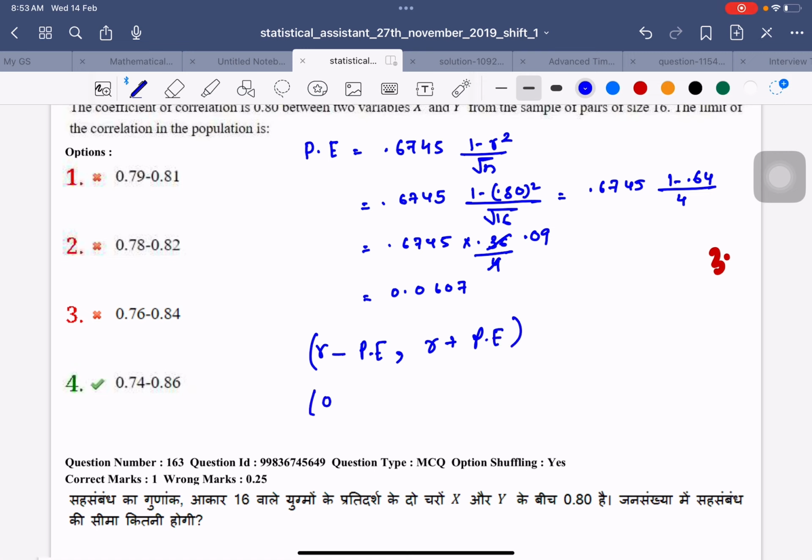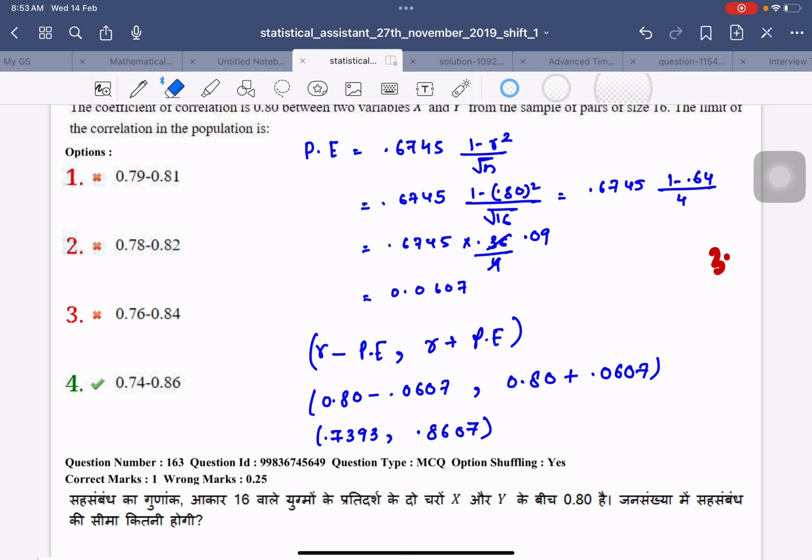So 0.80 minus 0.0607 and here 0.80 plus 0.0607. From here we get 0.7393 and 0.8607, and these both points are equivalent to option number 4. So option 4 is the correct option.